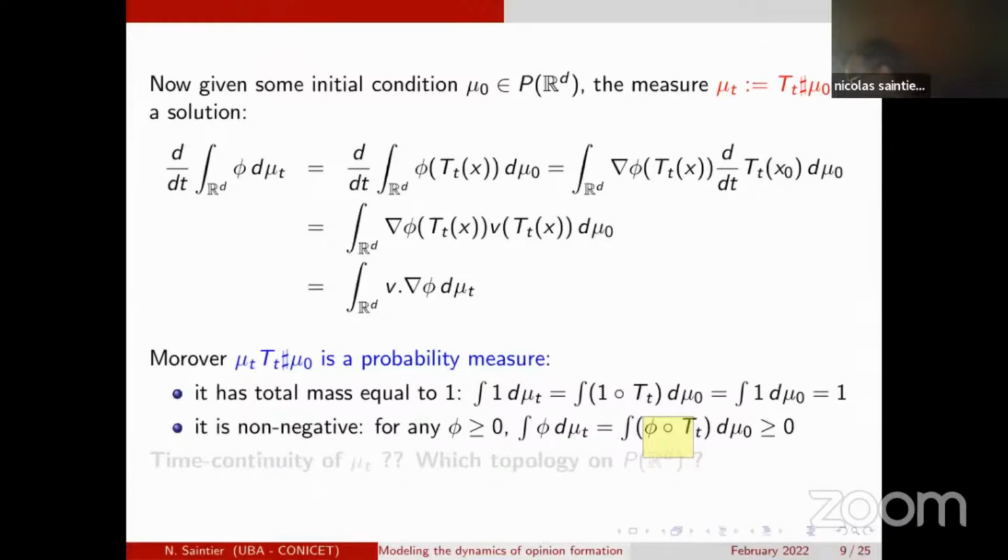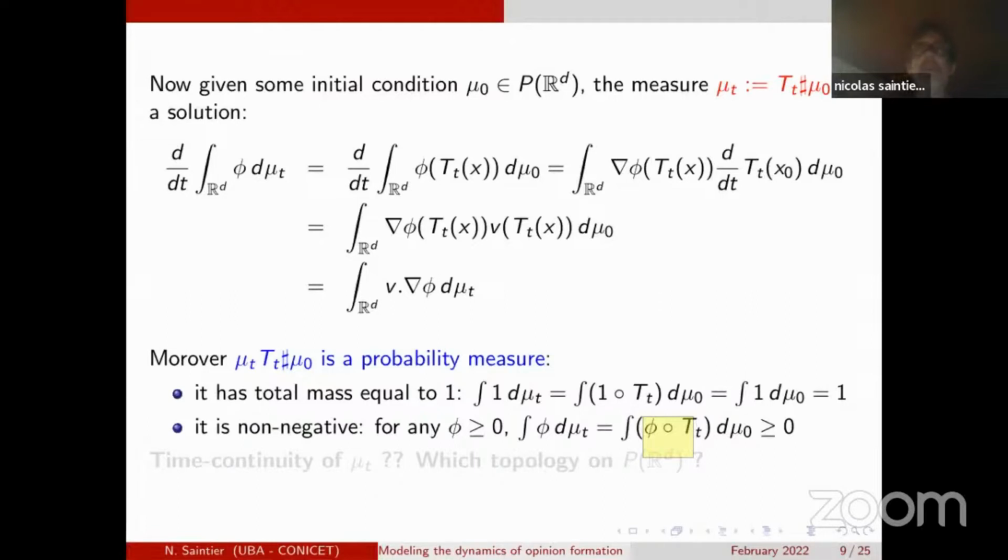Now, what could we ask? We are lacking a few things. We are lacking some continuity of the solution with respect to time, because when time goes to 0, I would like my mu t to converge to mu naught, the initial condition.